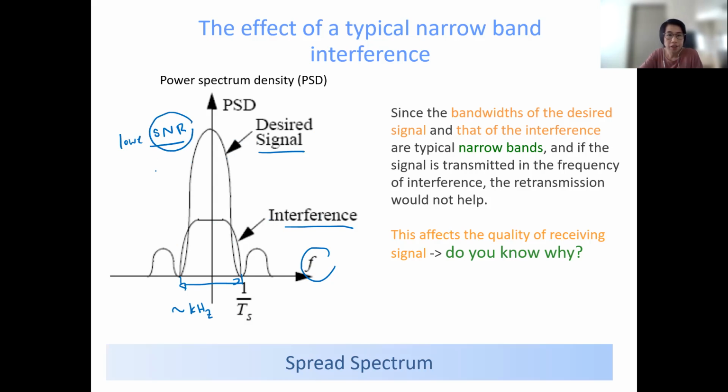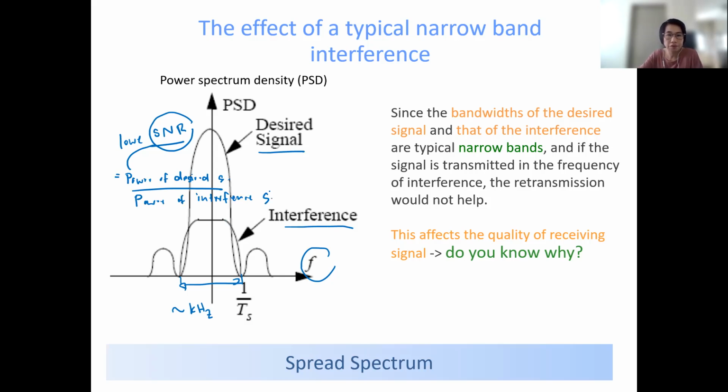SNR is used for estimating the efficiency of the receiver. If the receiver has a high value of SNR, that would be good, right? Because the definition of SNR is the power of the desired signal and the power of, in this case, interference, or it can be noise or multipath fading signal also.